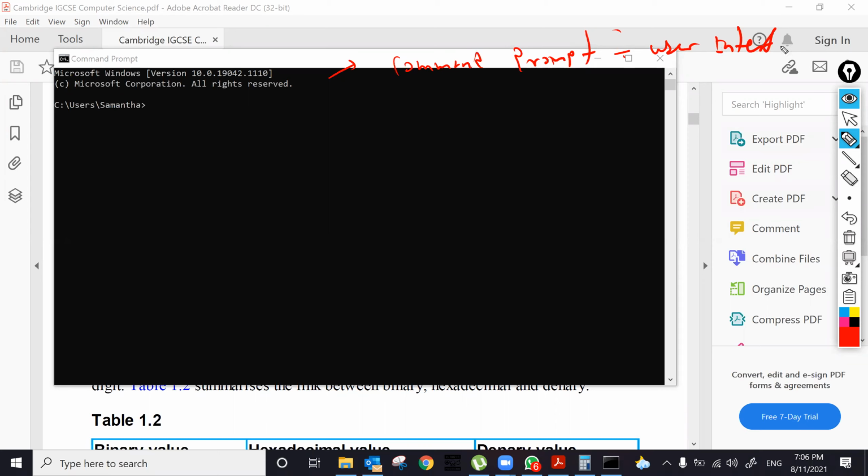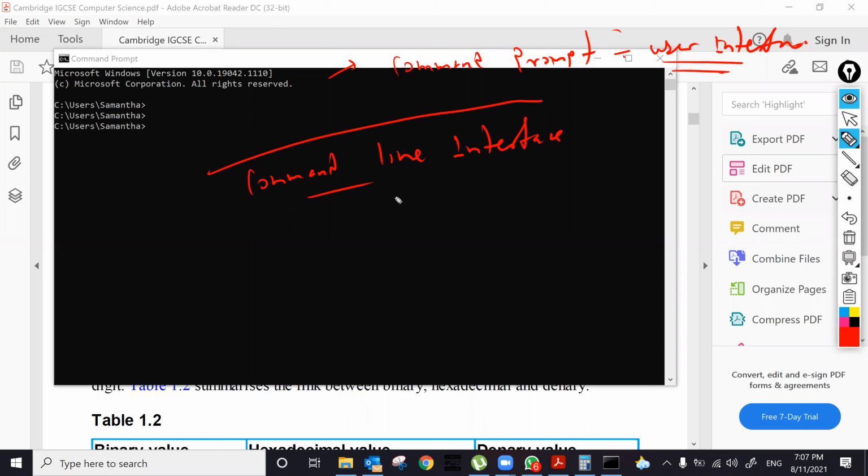Earlier user interfaces were like this: a black screen with a blinking cursor. This is called the command line interface. Did you open this, everybody? Himesh, Samiha? Yes, sir. Very good.